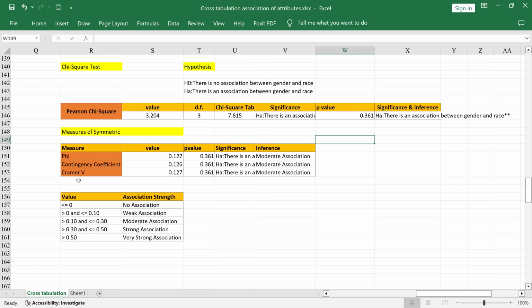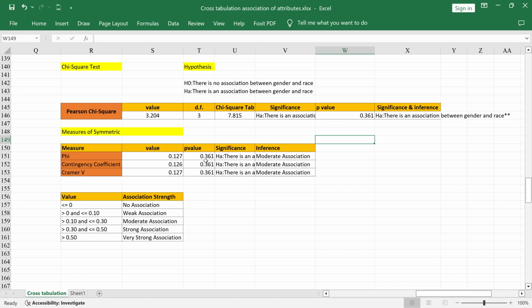In the first we can see the phi value. Second is the contingency coefficient value and Cramer's V value, so that we get the values over here. You can see here 0.127, 0.126, 0.127. Okay, they are almost nearly equal to each other.